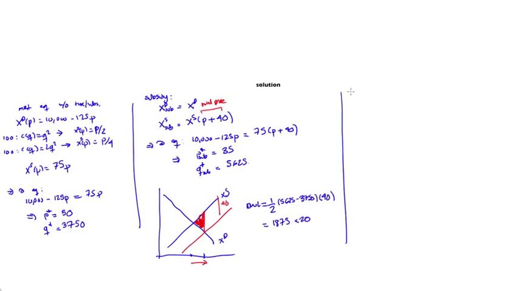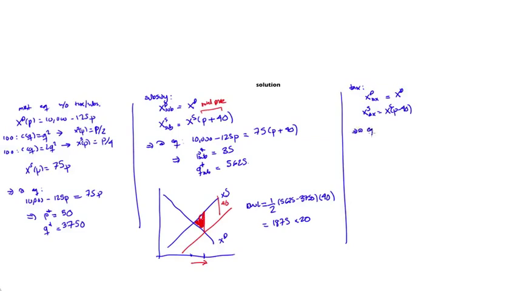Now let's do the case of the tax. In this case, again, the demand with the tax is equal to the demand without, and the supply with the tax is equal to the supply shifted upwards. So it looks like this.